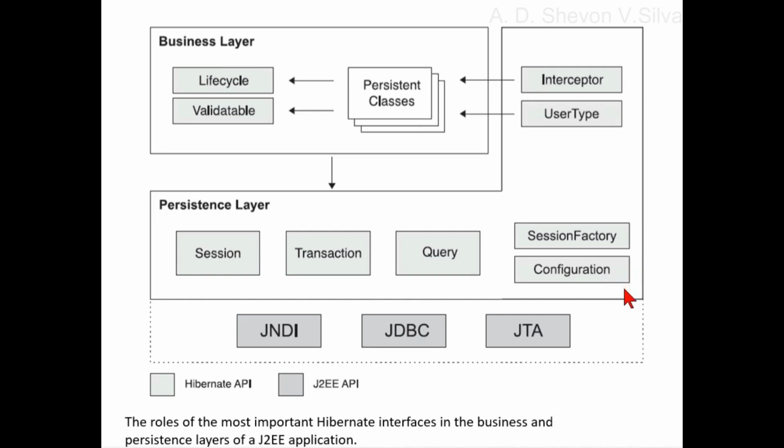The Configuration interface is used to configure and start Hibernate. The application uses an instance of Configuration to specify the location of documents indicating the mappings of objects and specific properties of Hibernate, and then create the SessionFactory. The Query interface allows requests to the database and controls how that request is executed.